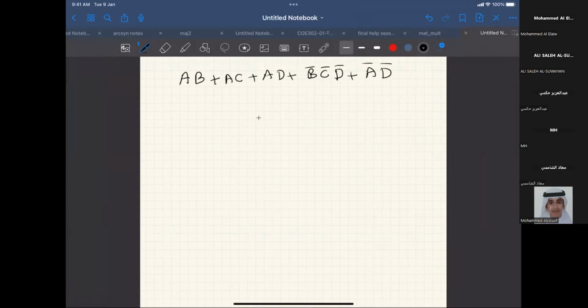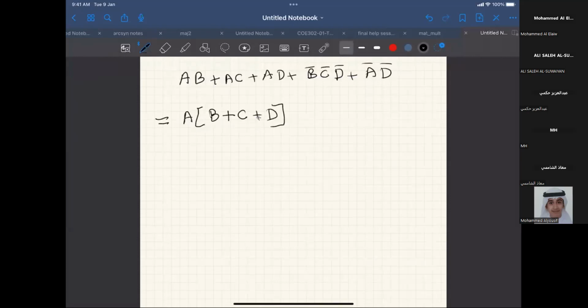The first step is to use the distributive law to take A out of the first three terms. So using the distributive law, we get B or C or D.